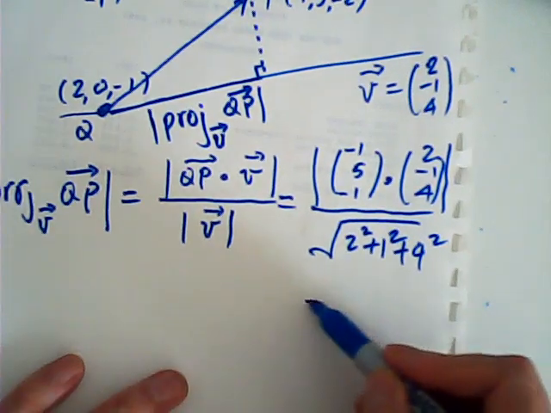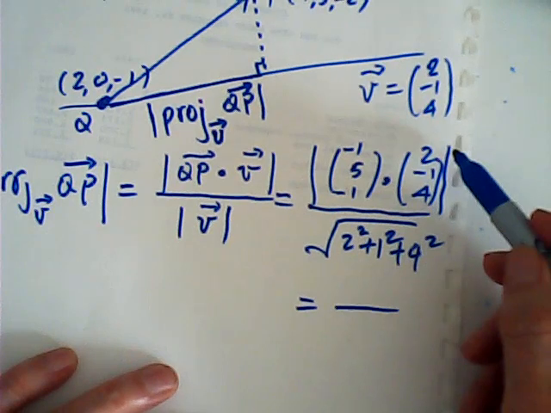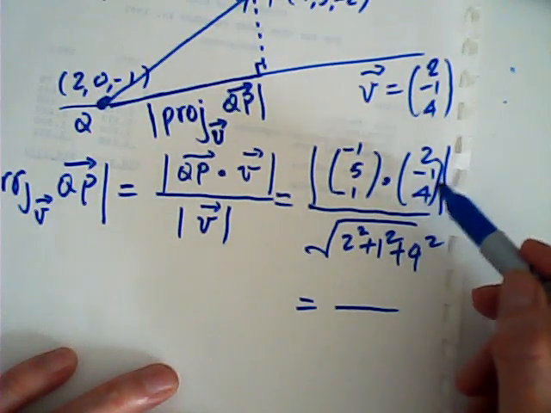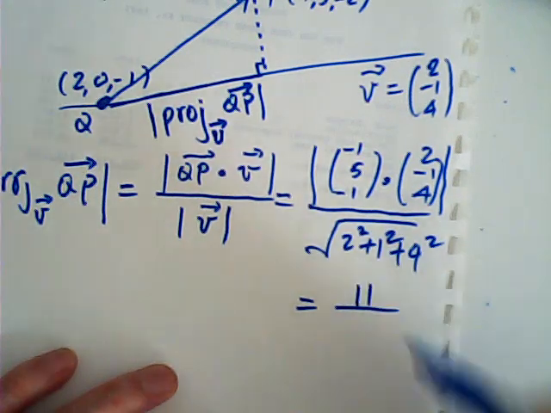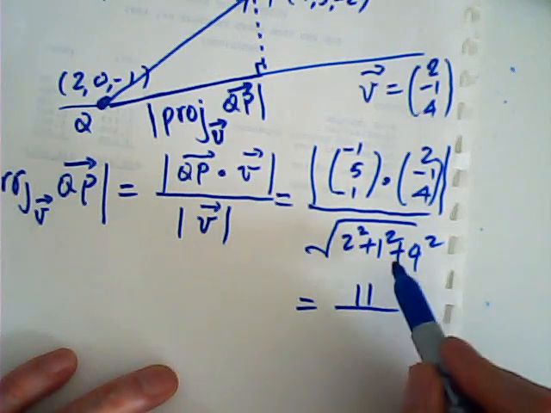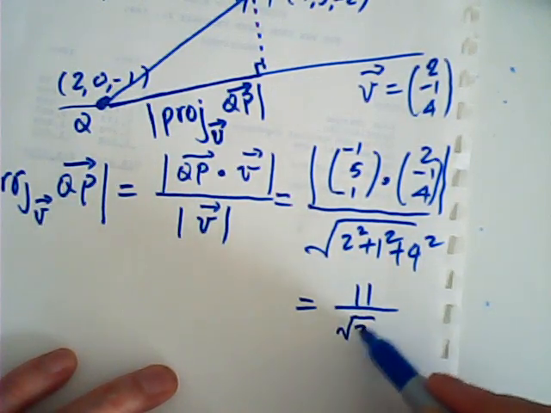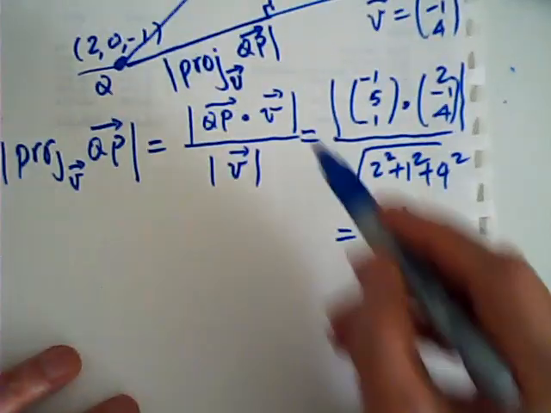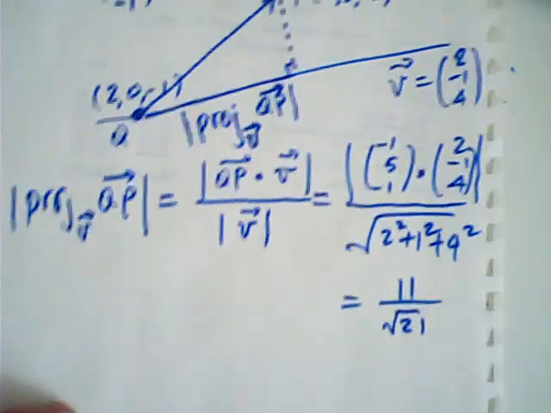The numerator is -2 - 5 - 4, which gives 11 in absolute value. The denominator squared is 4 plus 1 plus 16, which is 21. That is the distance of the projection vector.